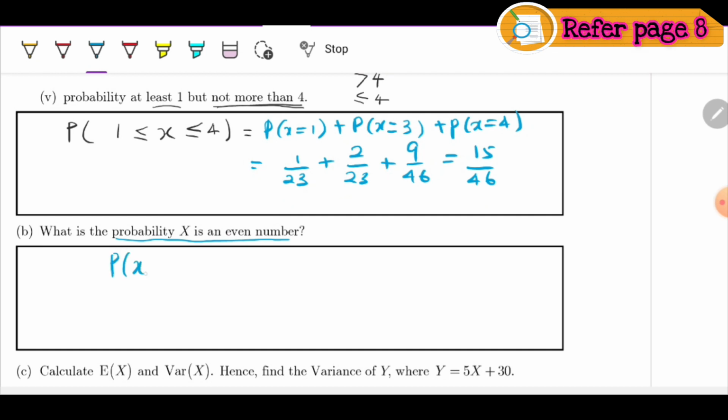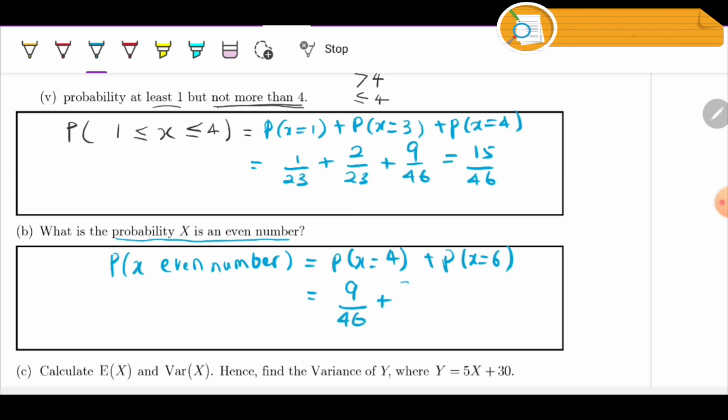So when x is an even number, we can take the value of x equals 4 or x equals 6. When x equals 4, the probability is 9 over 46. And when x equals 6, the probability is 25 over 46. And the answer is 17 over 23.